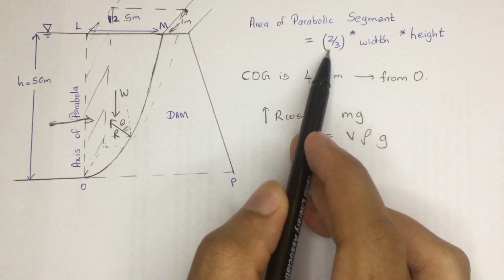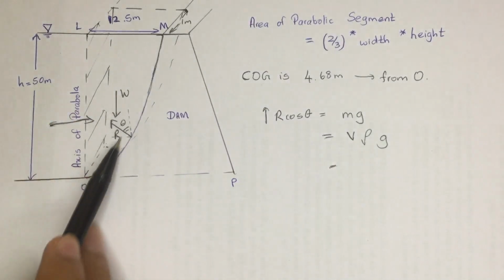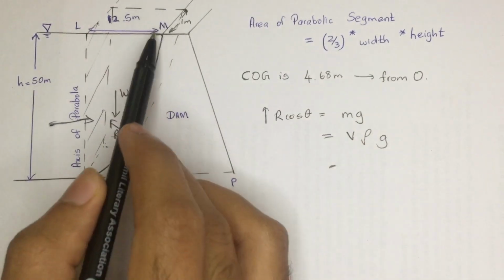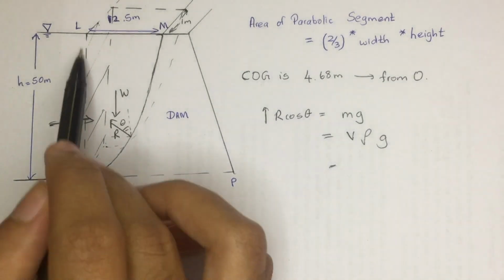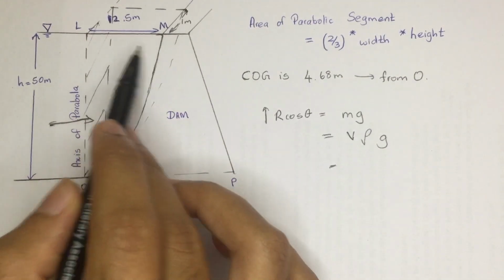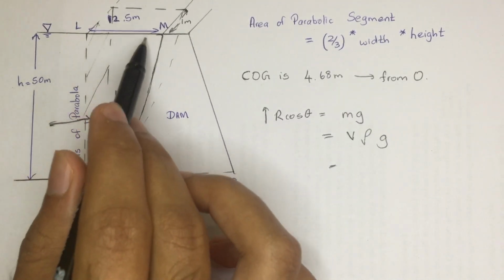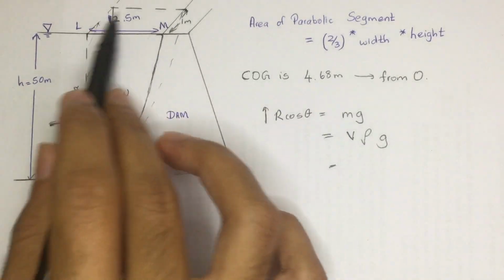They have already given the area of this parabolic segment. The area of this parabolic segment is 2 by 3 into width and height. So how can we find the volume of this part? If we know the cross-section area, as this cross-section area is not going to change over the length of 1 meter, we can directly multiply by the 1 meter and get the volume.